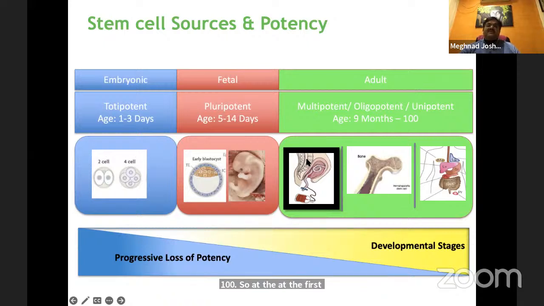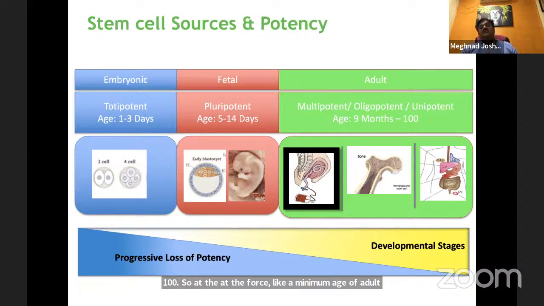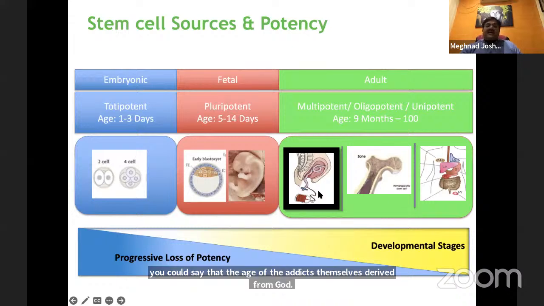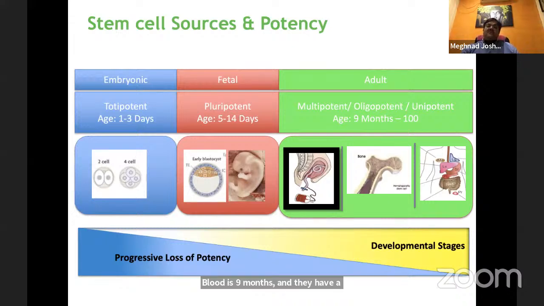A minimum age of adult cells can be found in cord blood. So you could say that the age of the adult stem cells derived from cord blood is 9 months. And they have good pluripotent stem cells that can be useful for a variety of treatments or research.